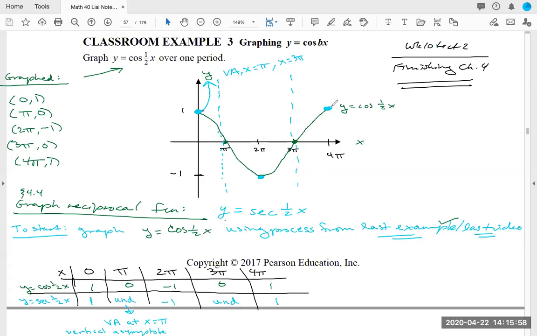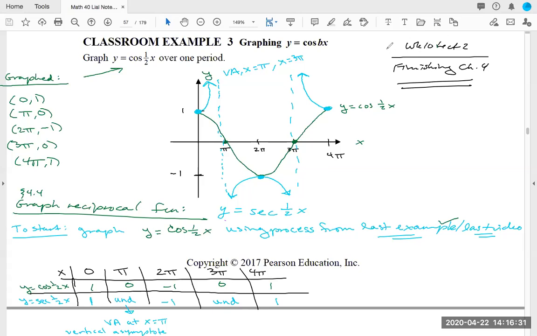Same thing over here at 4 pi: we have a max for the cosine graph, so it'd be a min for the secant graph. At the bottom here, we have a min for the cosine graph, and that would be a max for the secant graph. So hopefully you're seeing the pattern of how you would draw this, and you don't need to worry about a whole separate process for this.